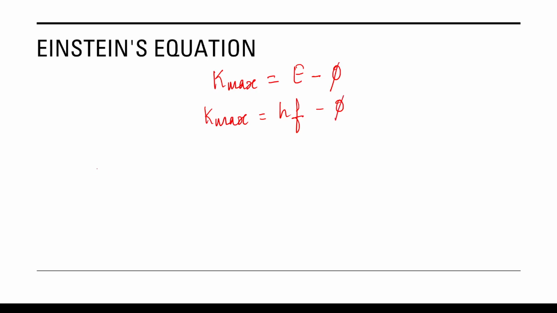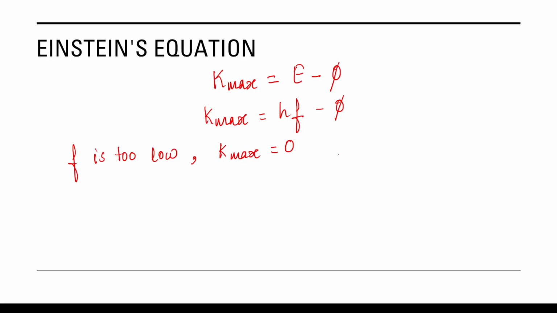Now imagine the frequency is too low, so low that it is just breaking the bond. If it is just breaking the bond and the kinetic energy is zero, there's no energy left to give to the electron. Whatever energy the photon has is taken away to break the bonds. So it does not have any energy, so Kmax is 0.